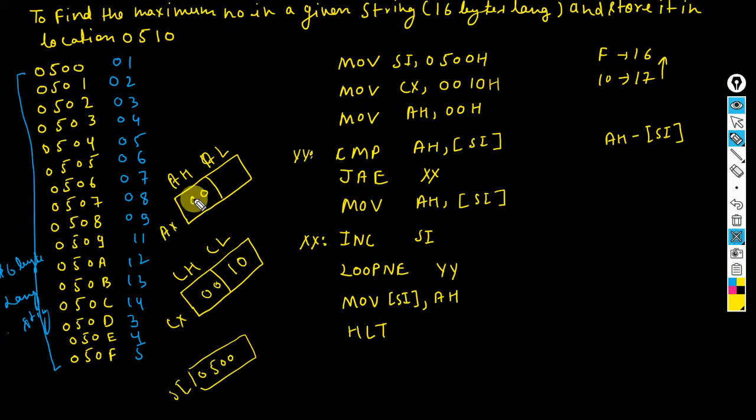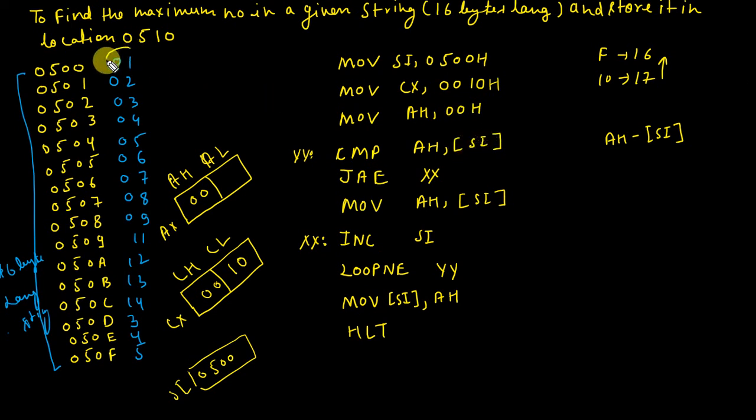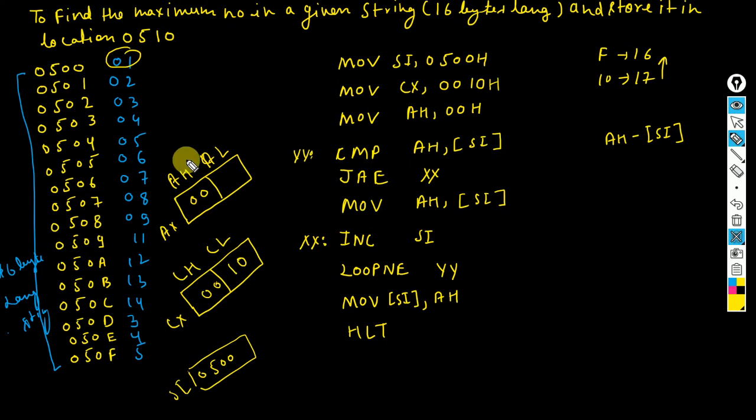The content of AH is 00 and SI content is 01. So AH minus content of SI.